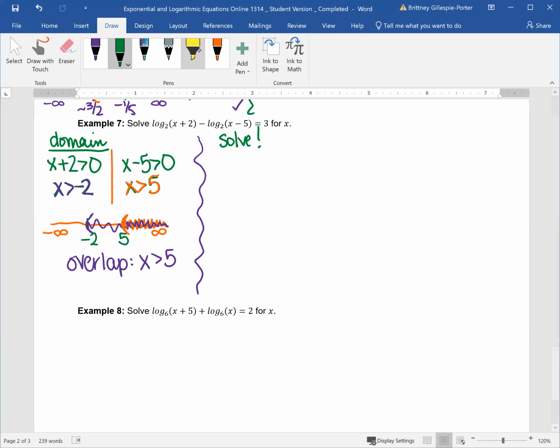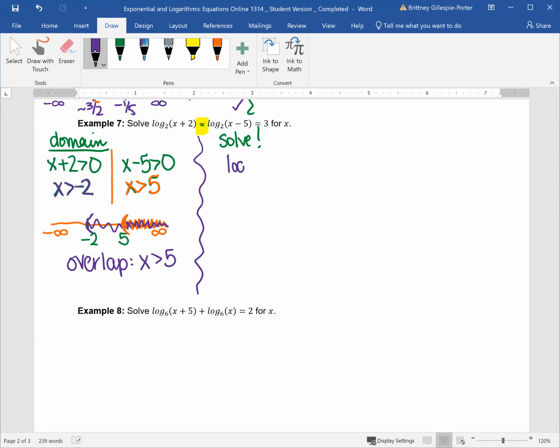Here we have subtraction between the logs. We don't have any logs on the right-hand side. The 3 is kind of lonesome, so we're just leaving it. But here on the left side, we have 2 logs and subtraction, so we use log properties to combine them. Subtraction makes us smaller, and so does division.